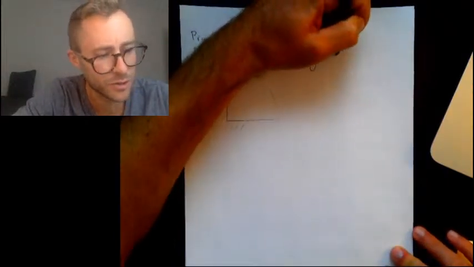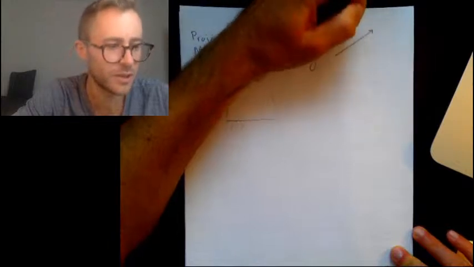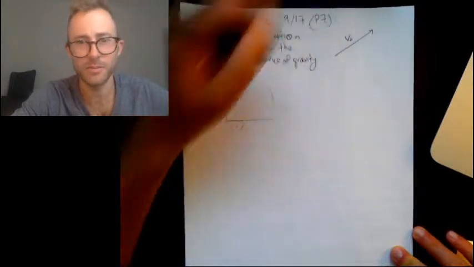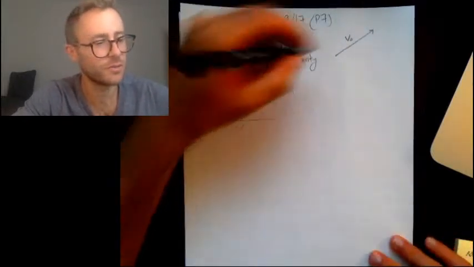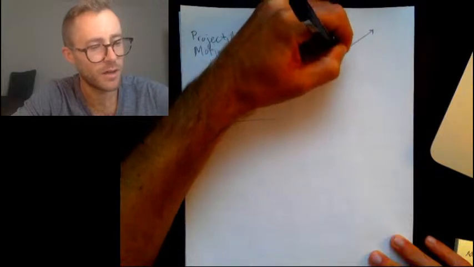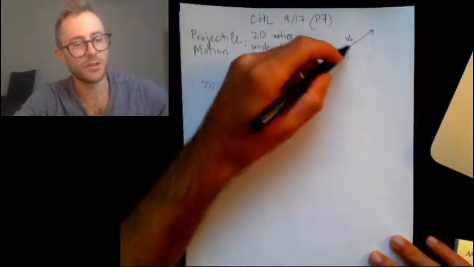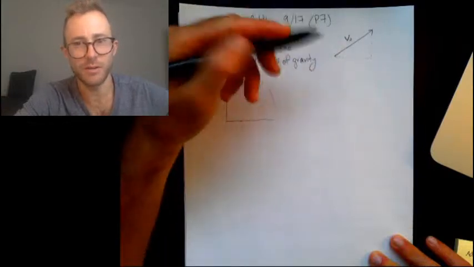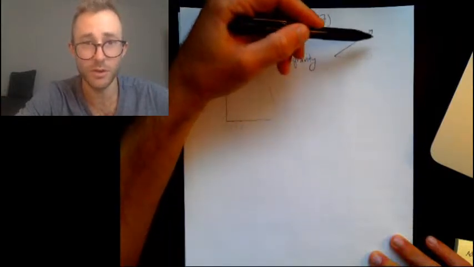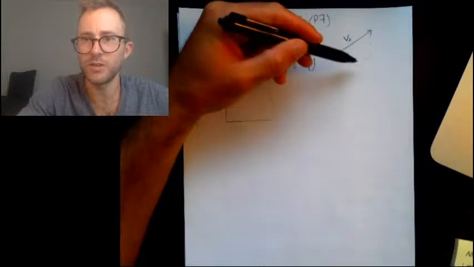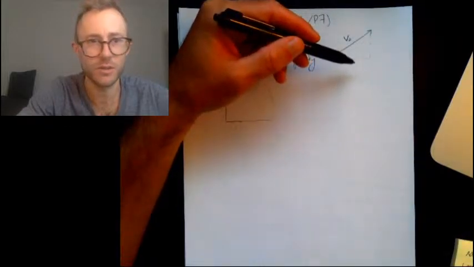So if this is the initial velocity vector, we can make a triangle out of that. The initial velocity vector is made up of some of the velocity going vertically and some of the velocity going horizontally, okay?